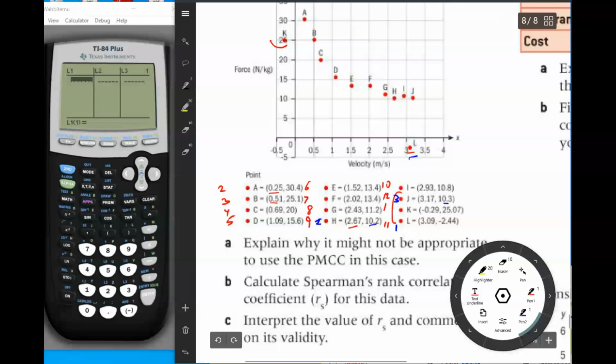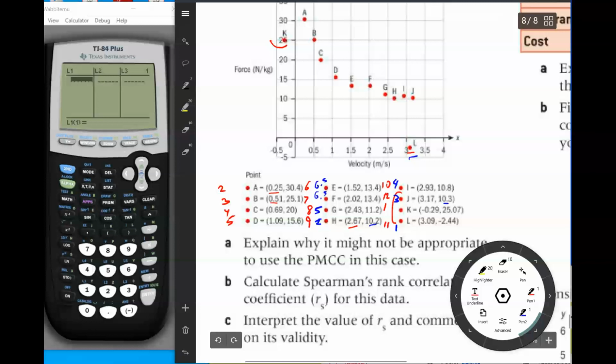And then after 10.3, there is a 10.8, which would be 4. That looks like I. And then G would be the next one, that would be 5. And then F or E would be the next one. Looks like they're tied, so they're tied for 6th and 7th place. So we'll put 6.5 for each of those.